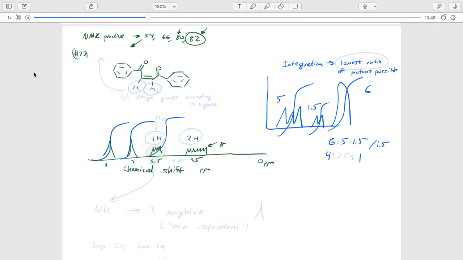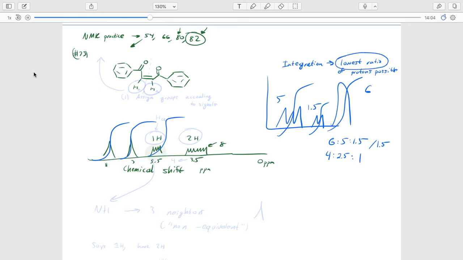It's like 2.5. You get the point I'm trying to make, right? And remember, be careful that this is the lowest ratio possible.